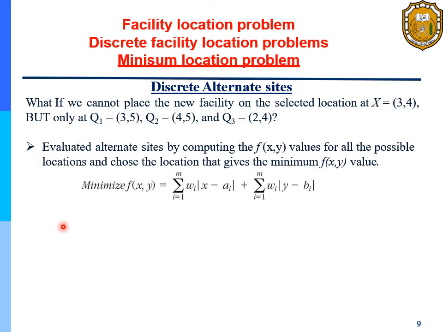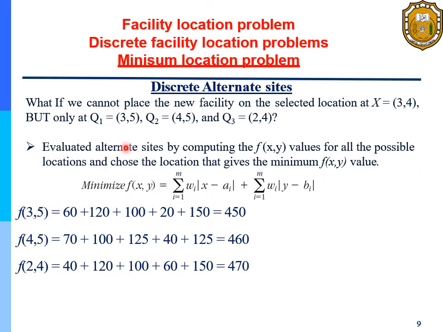Okay, so let's remember what our objective function was: minimization of the weighted rectilinear distance between the new facility and the existing facilities, and their sum. So for the first candidate, coordinate (3, 5), if you calculate the distance of this coordinate to the 5 existing facilities, multiplying with the associated weights, we obtain this value.